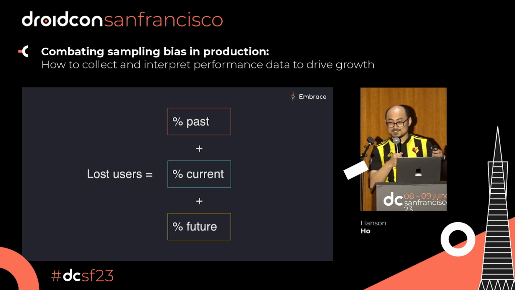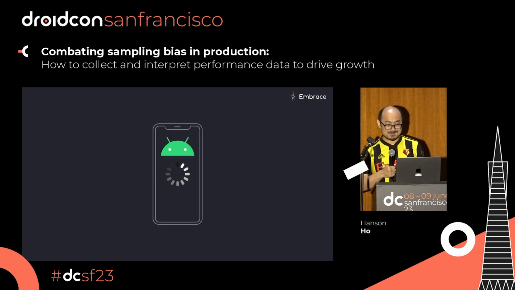They install your app, oh, performance is bad. I'm not gonna use it anymore. The problem of performance and churn is especially acute on Android, simply because of devices like that. They are brand new, but they don't work so well.